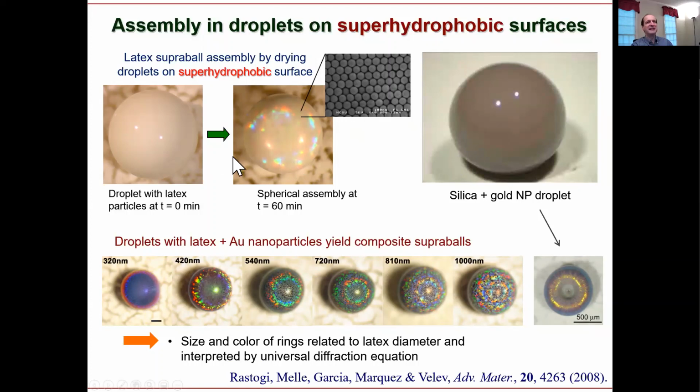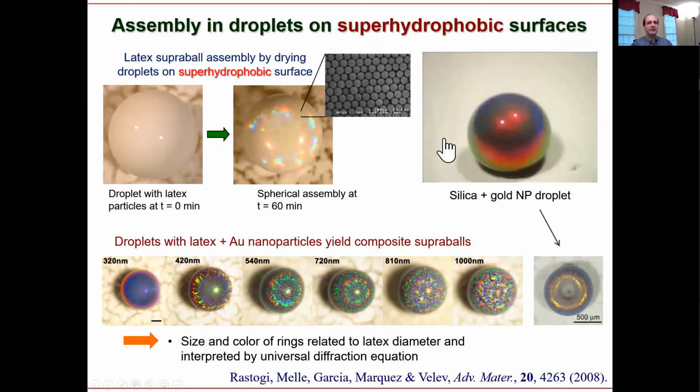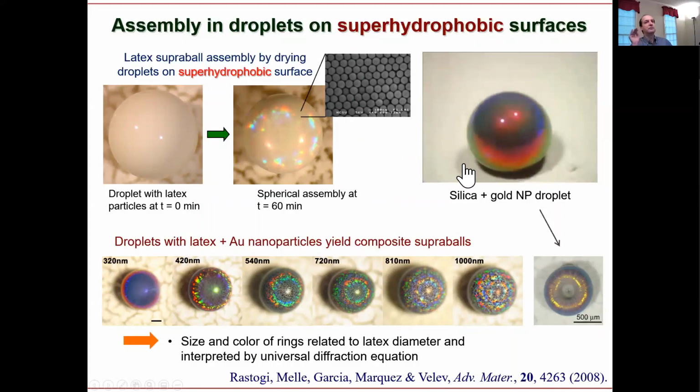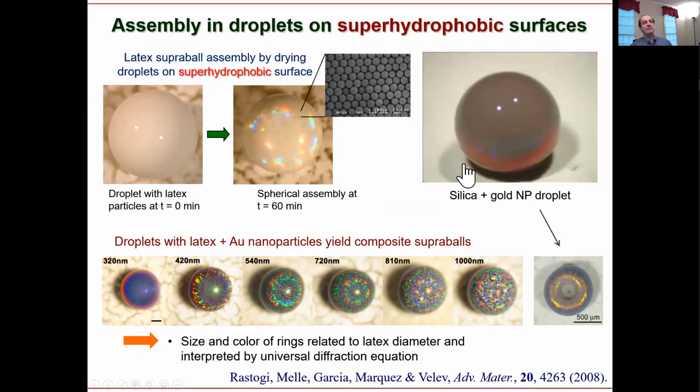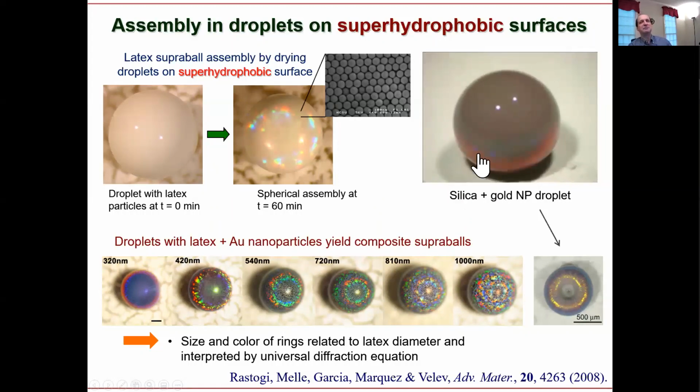He has been working at this time in my group on deposition of the so-called opal particles. What you have here is essentially you take a droplet containing latex and you dry it on a superhydrophobic surface. Again, this is a very simple idea. Now it's being used by many people. We tried it with Vinayak and came up with this cool stuff. Lots of publicity at that time.